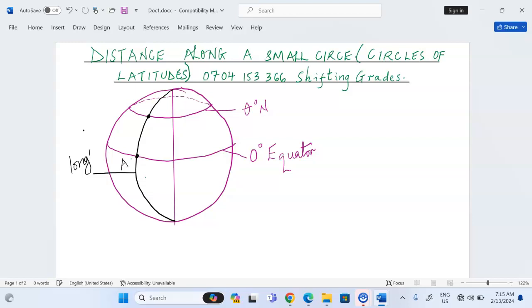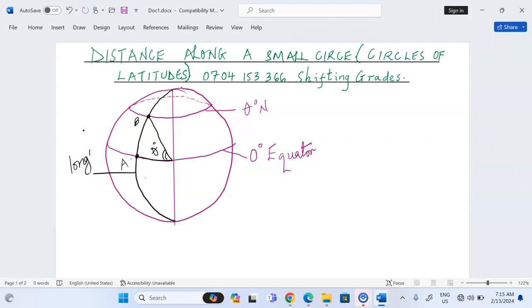Let's say arc AB, and we use the radius of the Earth, going from this point to the center, and from this other point to the center, such that there is an angle here, which is the difference in latitudes from 0 degrees to theta. Therefore, this would be theta degrees.